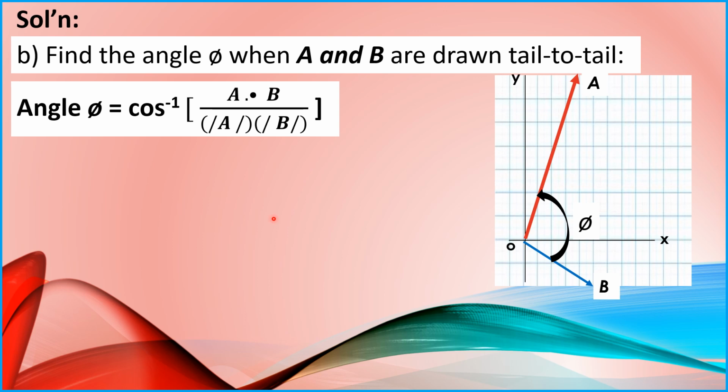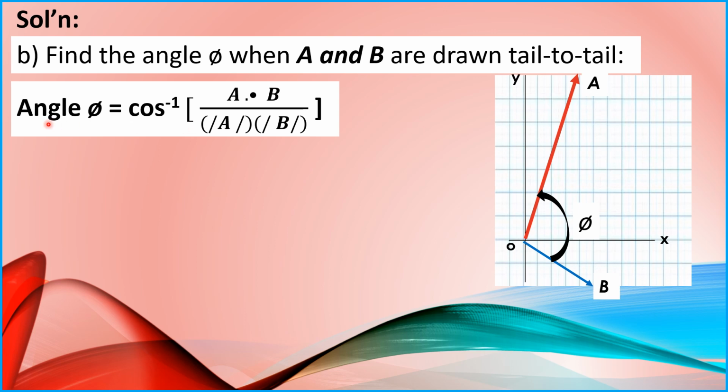All right, so moving on with our solution in finding the angle phi between the two vectors. We already have here the vector diagram. As described earlier, vector A, which is represented here by the red vector arrow, and vector B represented by the blue arrow, are connected tail to tail, right?